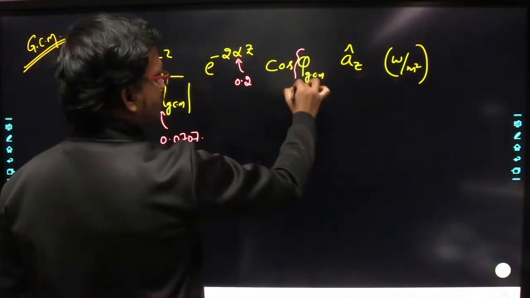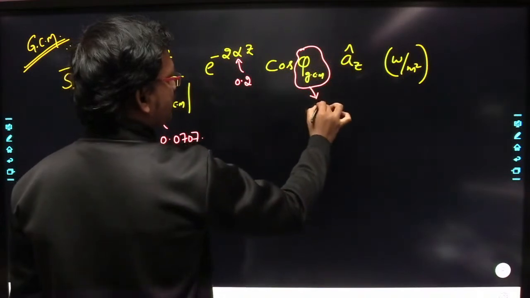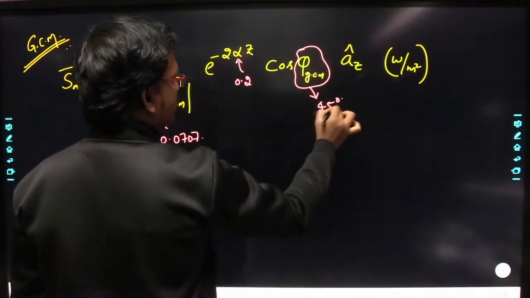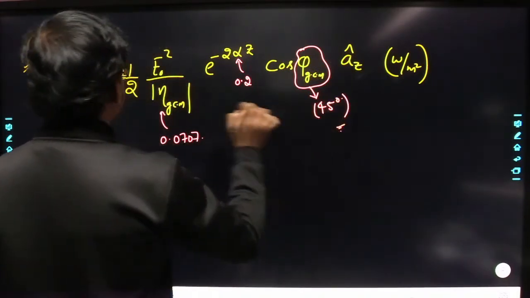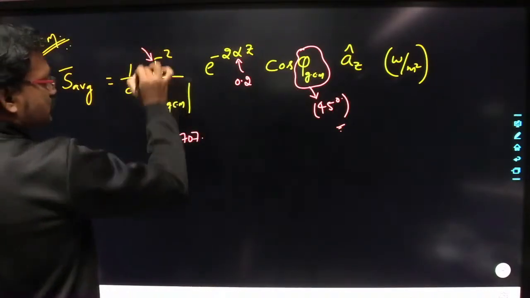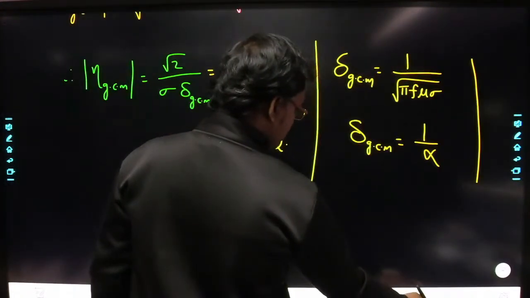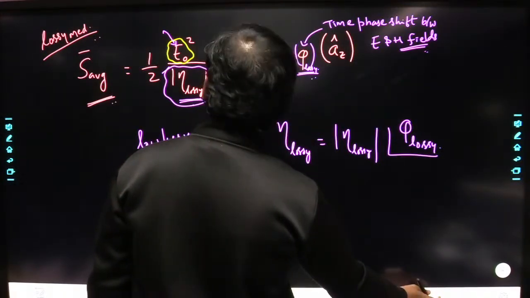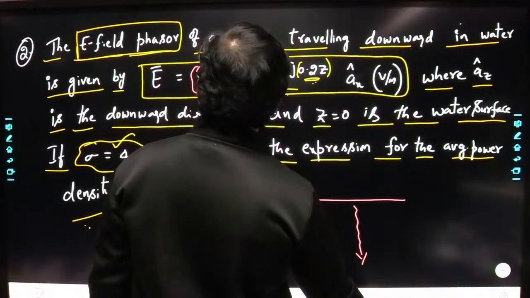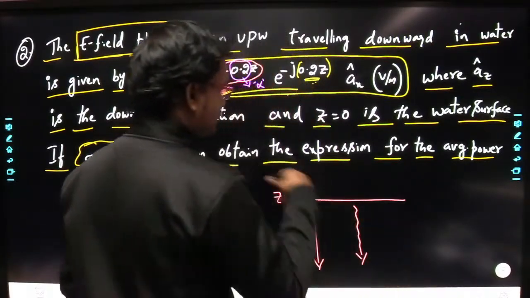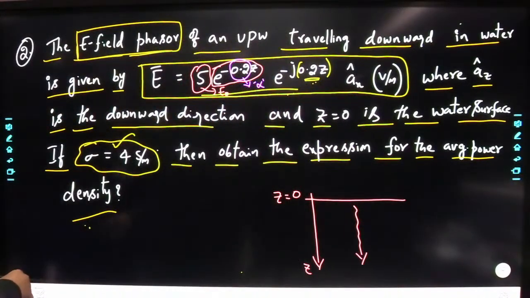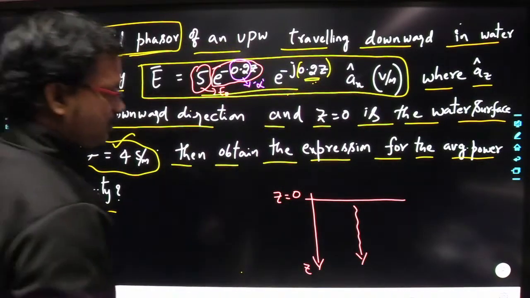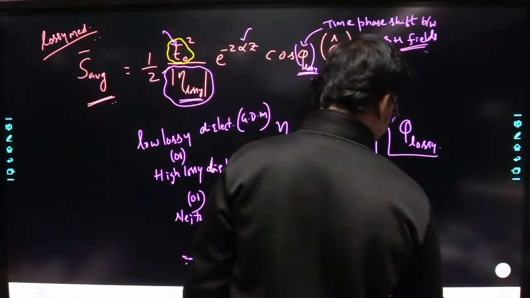And this phi value we have determined as 45 degrees. And E naught value is 5.